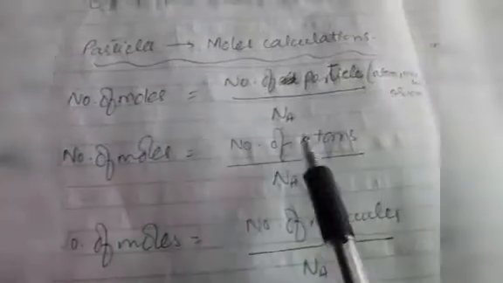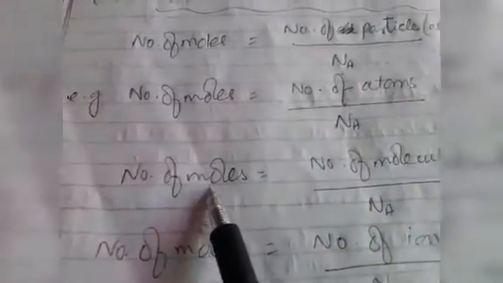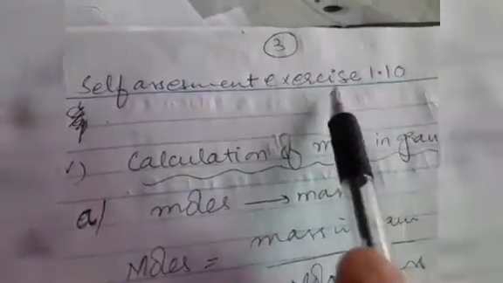So whatever type of sample is given to you, you will mention over here. For example, number of moles will be equal to number of atoms divided by Avogadro's number. Number of moles can be equal to number of molecules divided by Avogadro's number, and number of moles can be equal to number of ions divided by Avogadro's number.